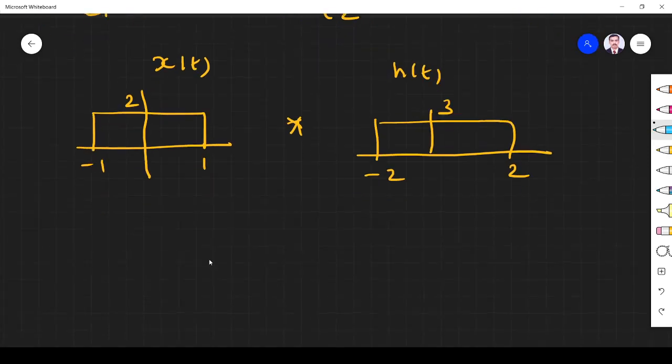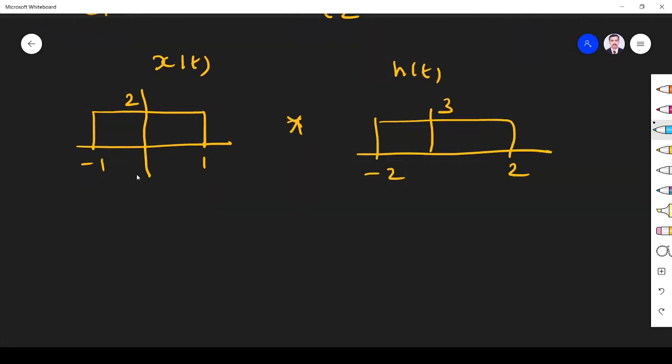Here the length is different, right? The length is different and the amplitude is different. Here the length from minus 1 to plus 1 is 2, and from minus 2 to plus 2, t2 is equal to 4. So find the difference: between minus 1 and plus 1, 1 minus of minus 1 is 2. For 2 minus of minus 2, the total length is 4. t1 is equal to 2, t2 is equal to 4.